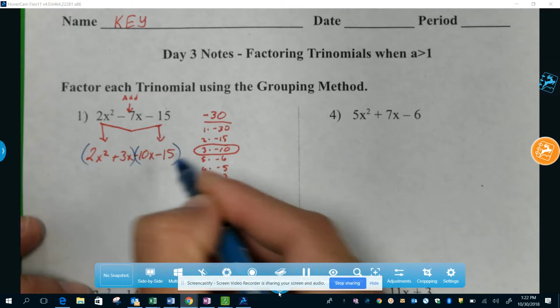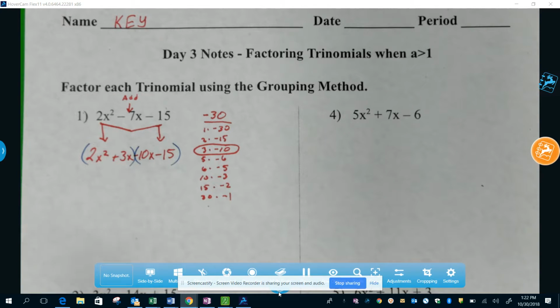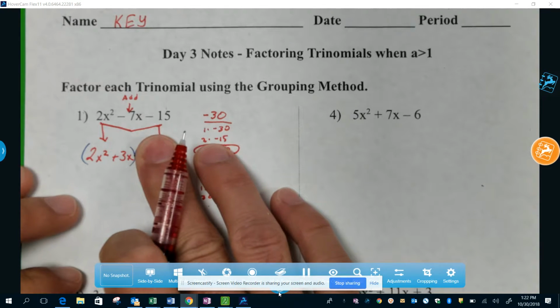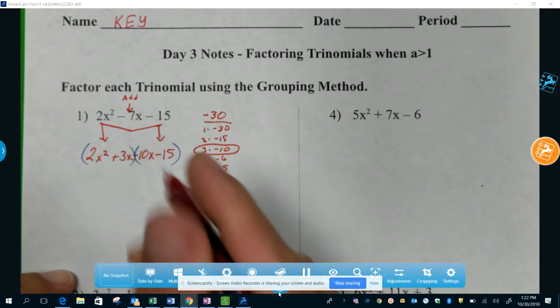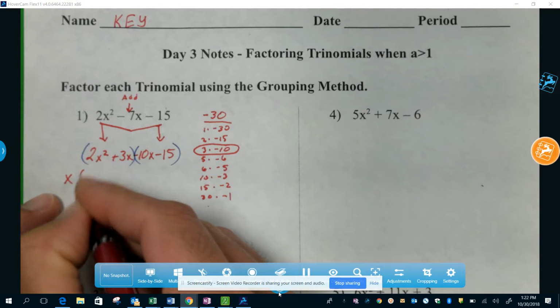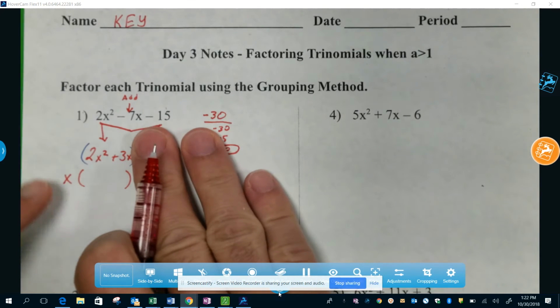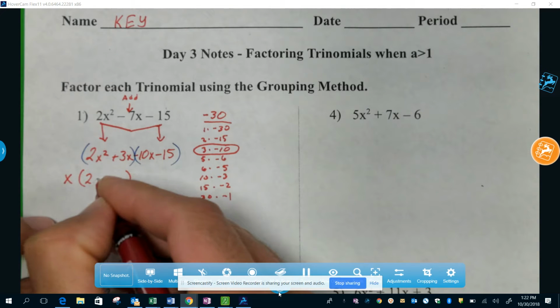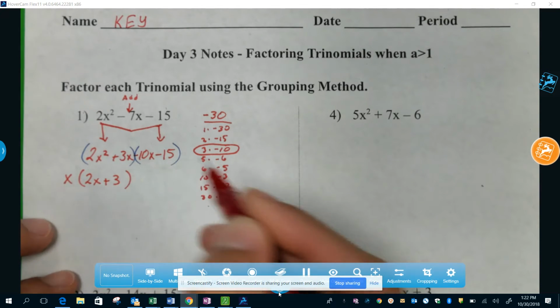Just like we learned the other day, we'll group our first 2 terms together and our last 2 terms together. So we look for GCF just in the first 2 terms. The only thing those guys have in common that I can take out is an x. If you take an x out, you got to tell me what's left over. 2x plus 3 is what's left over.